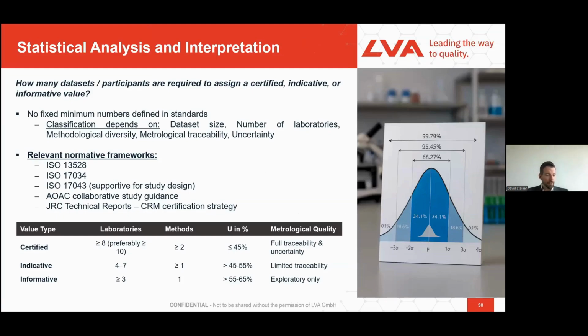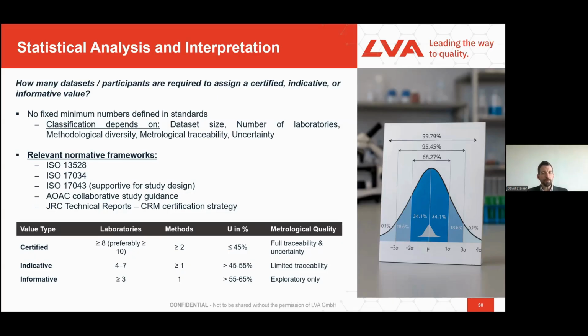So when it comes to statistical analysis and the interpretation, it is important to note that there are no fully harmonized or strictly defined rules on how results must be evaluated. Therefore, we based our approach primarily on the ISO 13528, which actually provides guidance for statistical evaluation in interlaboratory studies.